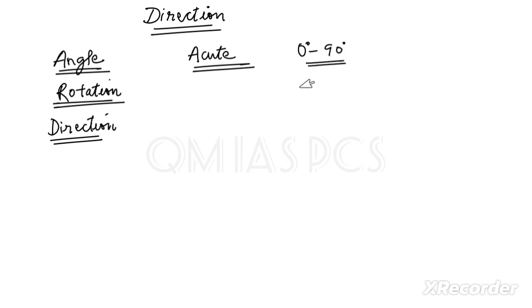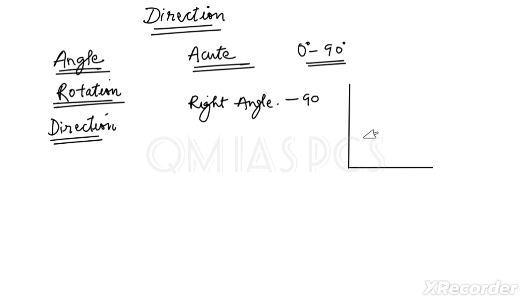Right angle means 90 degree, which means perpendicular. For an acute angle, this angle should be less than that one. So this is the acute angle.